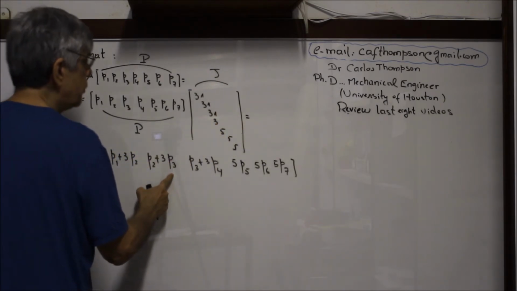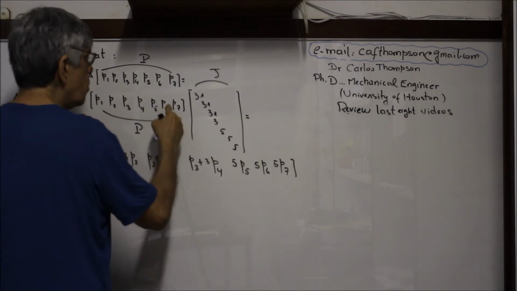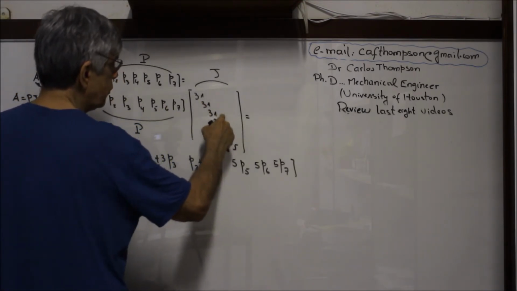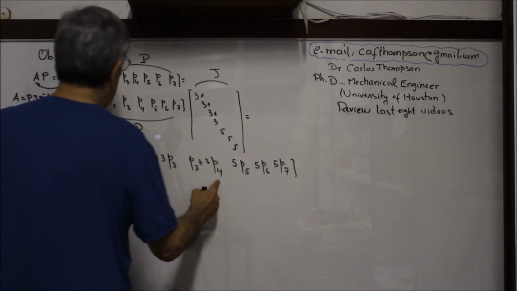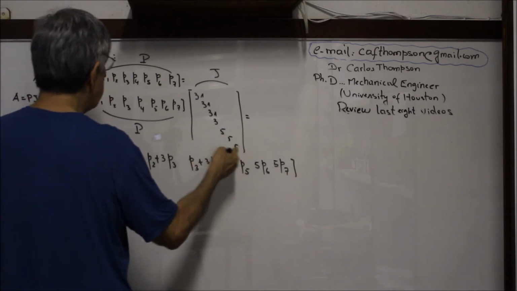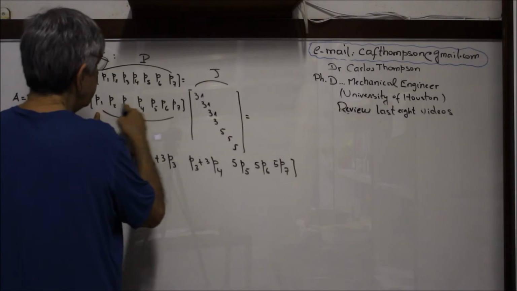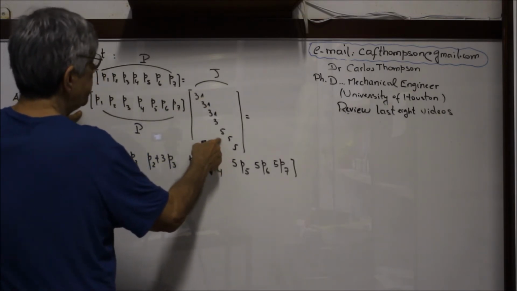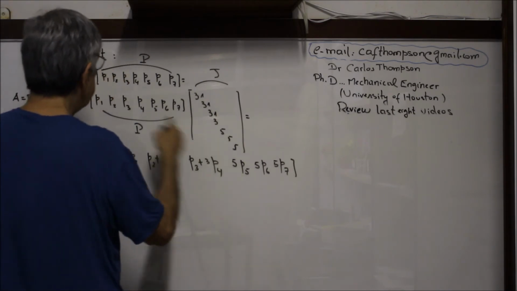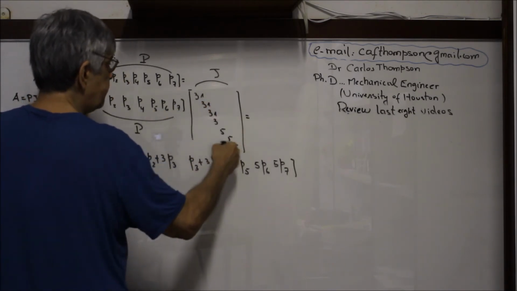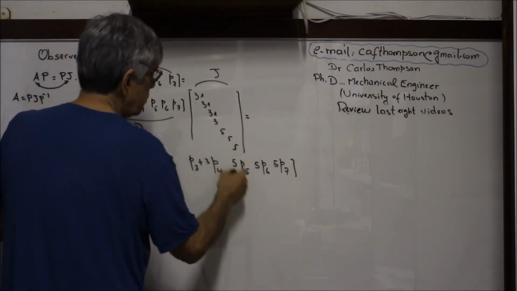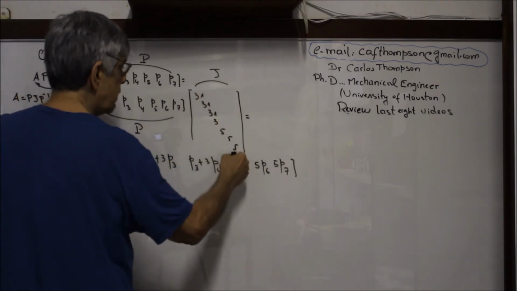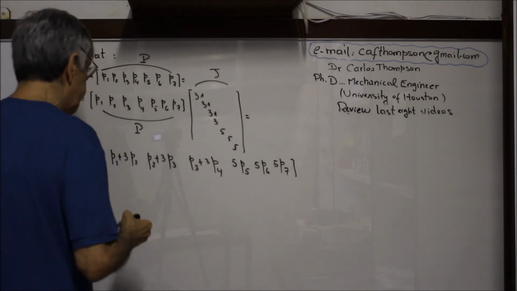Now this row times the fourth column, this is P3 plus 3P4. And now for lambda equals 5, you have here this row times this column, it'll be 5P5. This row times this column will be 5P6. In the last one, this row times the last column will be 5P7.